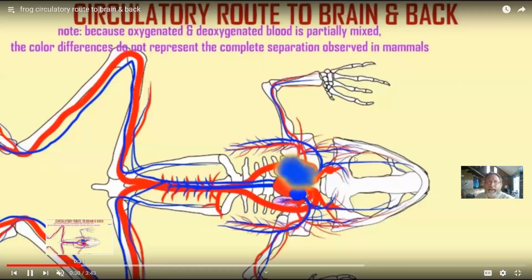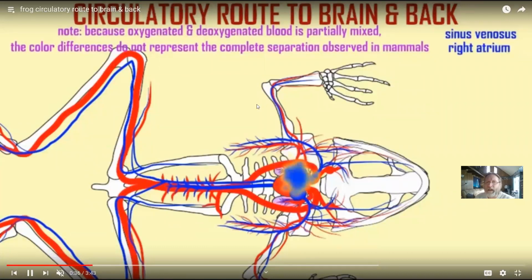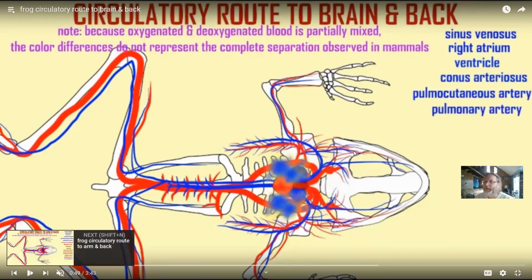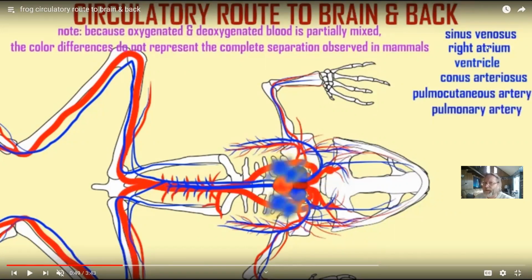So if we were going to trace blood flow here, I'm going to use blue and red colors, but I just make a note because there can be some mixing in that one single ventricle. The colors aren't quite as accurate as they would be if I were describing, say, human circulation. So we can go from the sinus venosus to the right atrium, to the ventricle, to the conus arteriosus, to the pulmonocutaneous artery, to the pulmonary artery, to the lung.